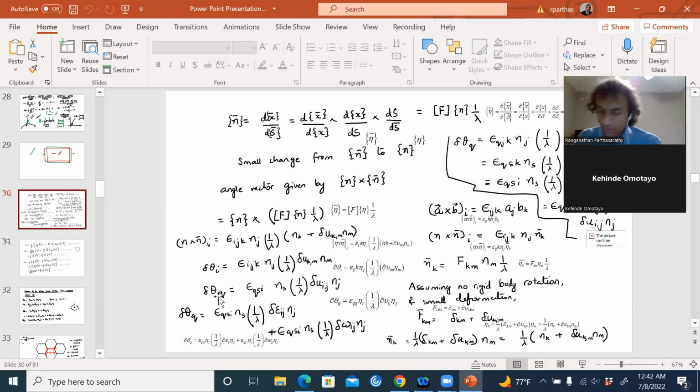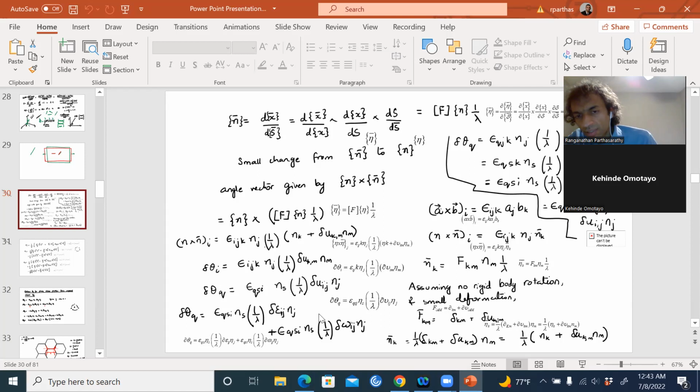Okay, so these two are the ones producing the rotation. This first part is purely because of shear strain. This first part, epsilon QSI NS 1 over lambda delta epsilon ij and j, is purely because of the shear strain, the rotation.